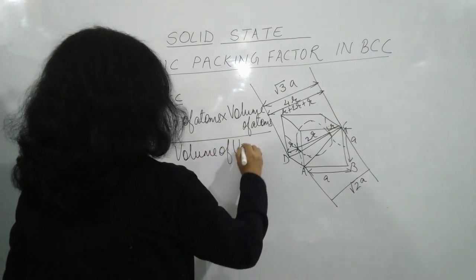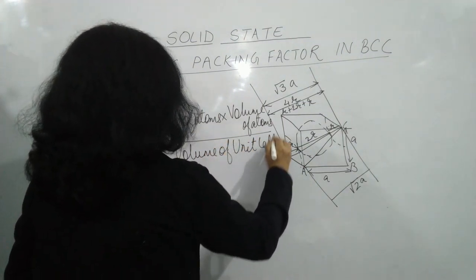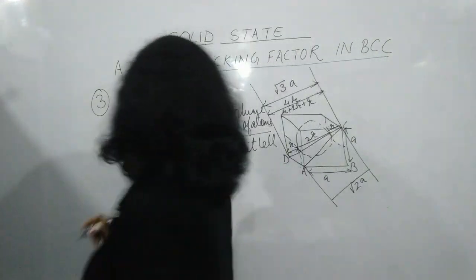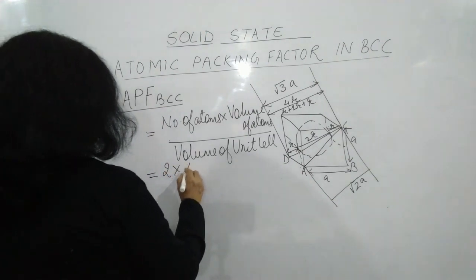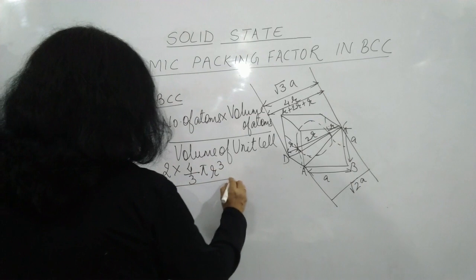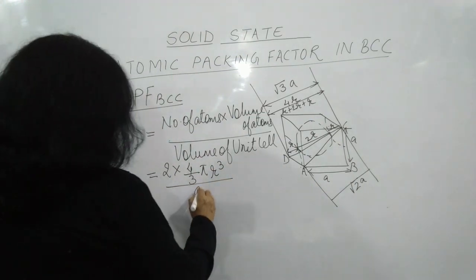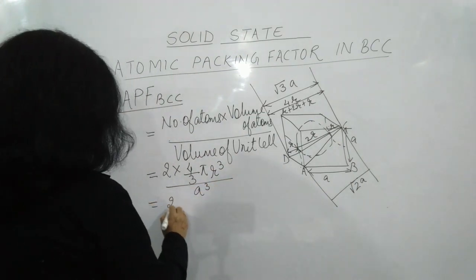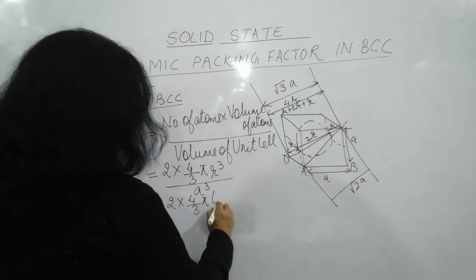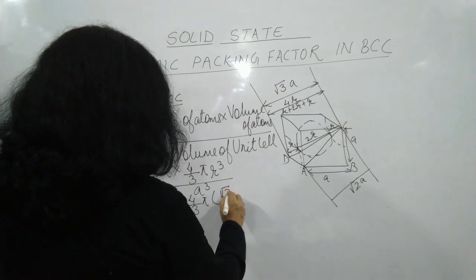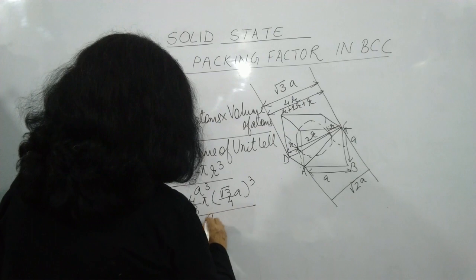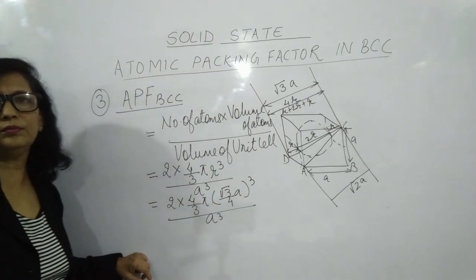Number of atoms we have calculated, it is 2. We see here 2 multiplied by 4 by 3 pi r cube by a cube, putting the value of r here, root 3 by 4 a, whole cube, by a cube.